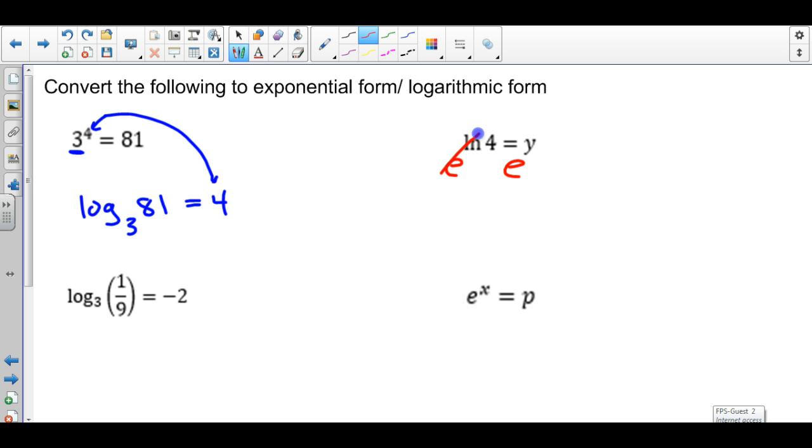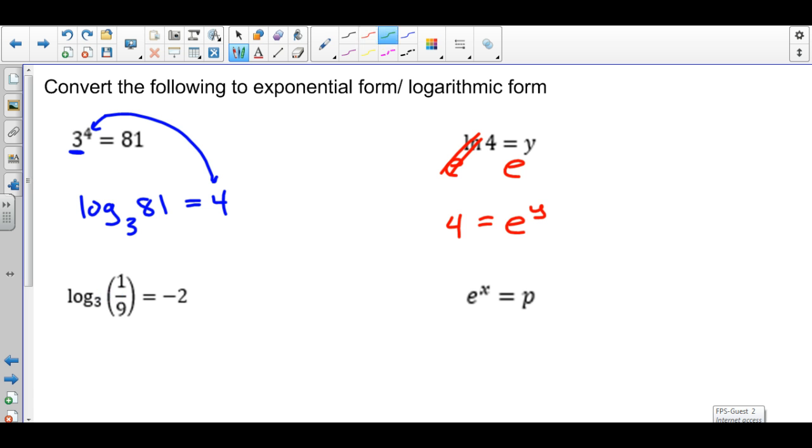So a little trick is you're able to cancel these out because these are inverses of each other. So those eliminate, and you're left with 4 equals e to the y. So that one would be a conversion from logarithmic form into exponential form, which is backwards of what we're going to actually be doing down here where my cursor is.